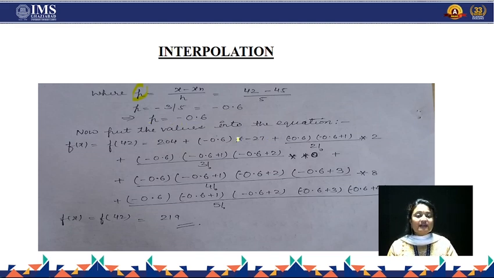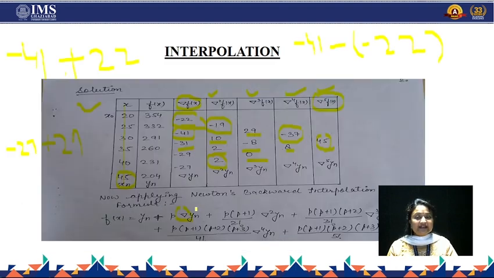Okay, now it's time to put the values. Now f of x, where x we need to find at 42, is 204. How do we get the values? We take them from the tabular representation. It's a very important part, class. Listen very carefully. 204: how do I take 204? Why do I not choose 354?